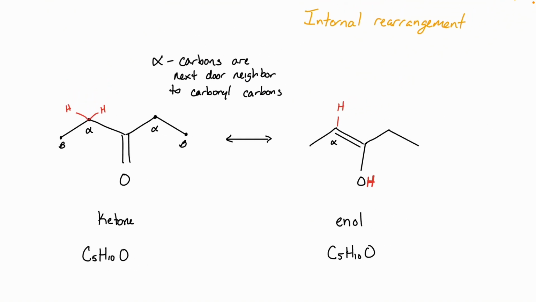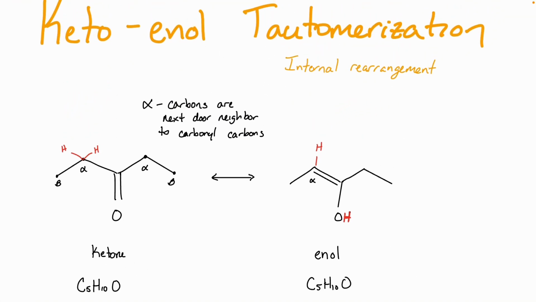Okay, so again, this has this fancy name, tautomerization, which is just this internal rearrangement that occurs within the molecule itself. All ketones are constantly undergoing this internal rearrangement. There's this equilibrium occurring, and for the vast majority of them, it greatly favors that ketone side. If we took a sample of ketone or aldehyde, it's constantly interconverting in this reaction.